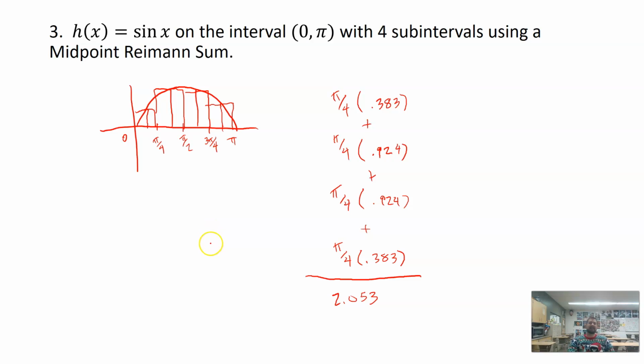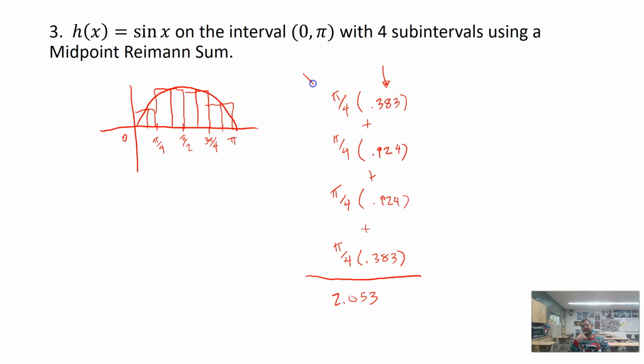This one I actually think I made a little too hard for the review, but we're going from 0 to pi, and we've got 4 same intervals. We're going to go from 0 to pi fourths, then pi fourths to pi halves. And if those numbers look weird, that's like 0.707, then 1 point, I can't remember what it is off the top of my head. Anyway, you could use the decimals on those as well. Then you have to go halfway between each of those numbers, and when you do that, you get all of these values right here.